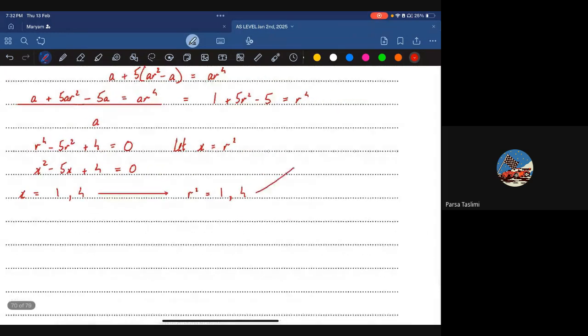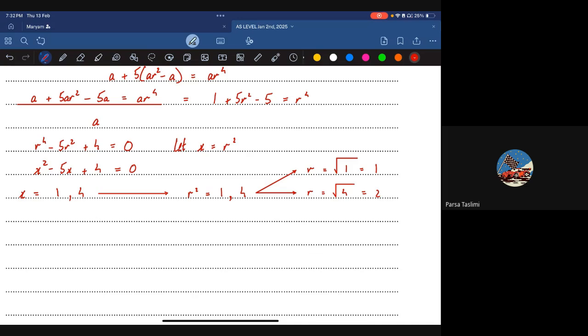That means you can solve this: r is equal to under root 1, which is equal to 1, and r is equal to under root 4, which is equal to 2.